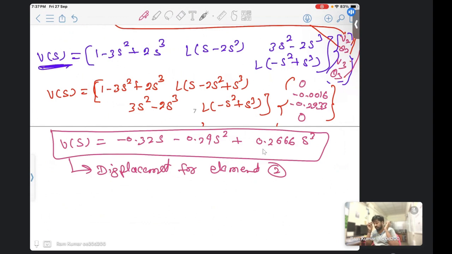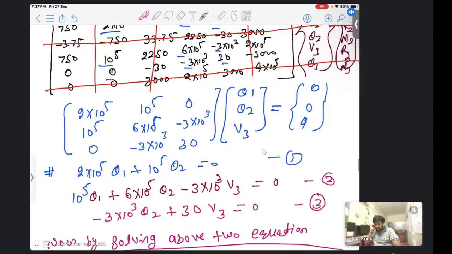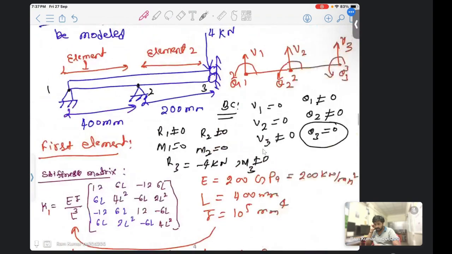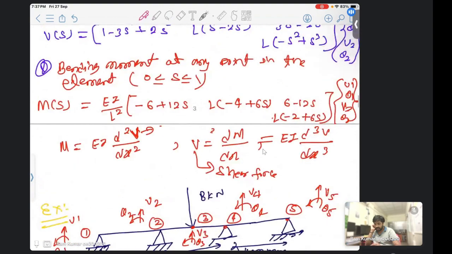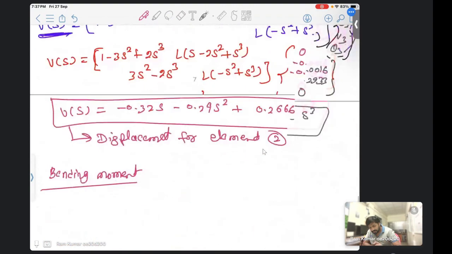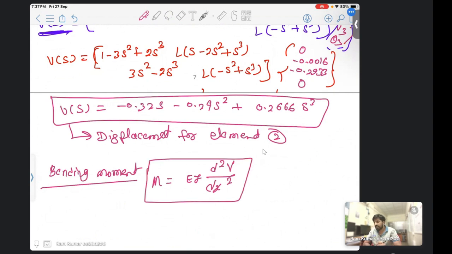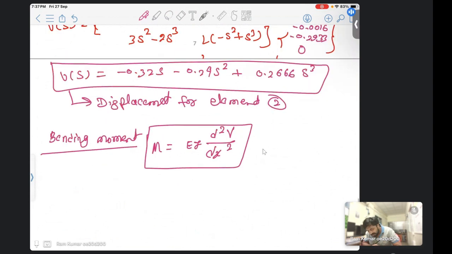If you want to find bending moment, how will we find it? As I told you, the bending moment M equals EI d2v by dx2. So by using this you can find bending moment and shear force.